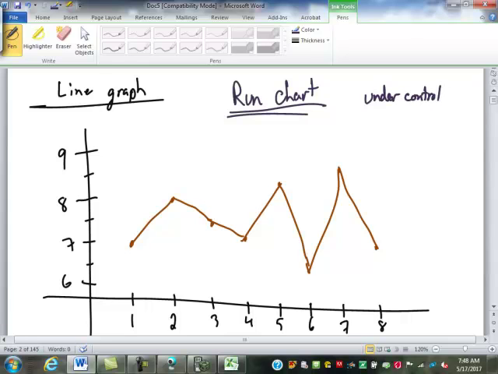The phrases are under control or out of control. The quality assurance system is called statistical process control. You are controlling the process, or you're not really controlling the process. You're making sure the process is under control by tracking the statistics.